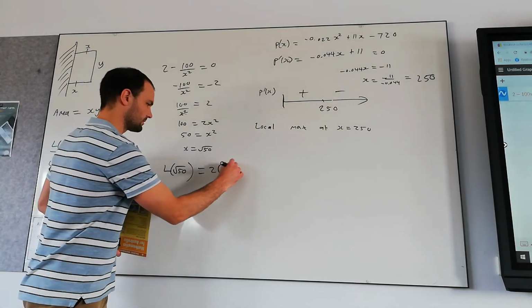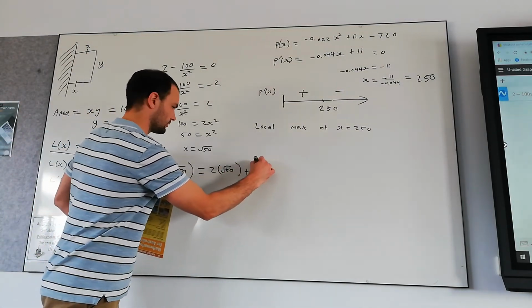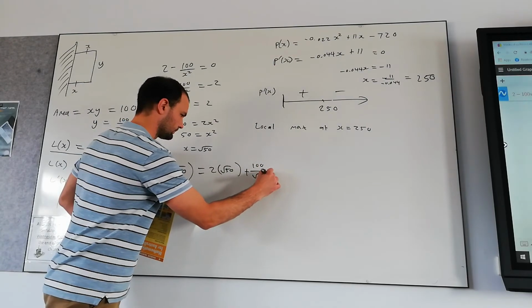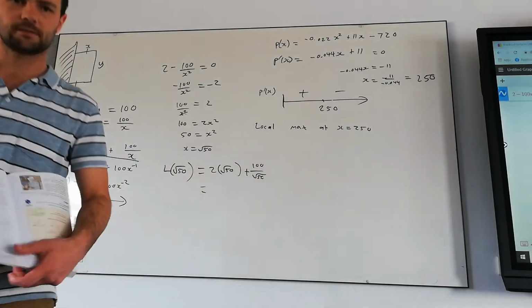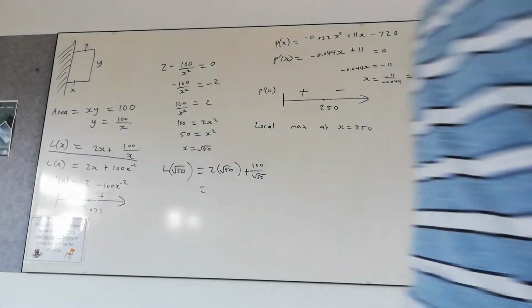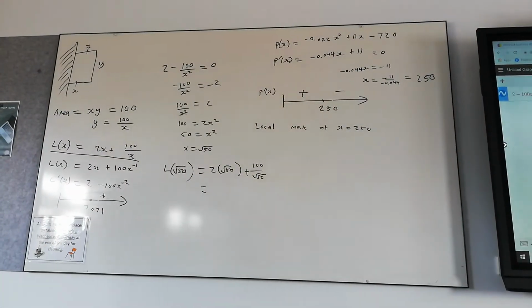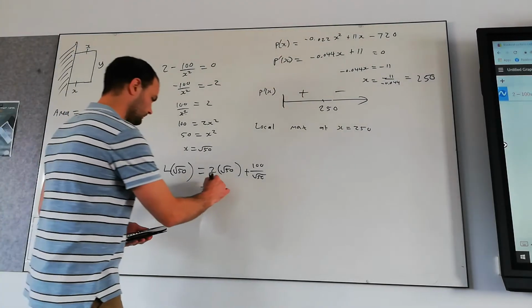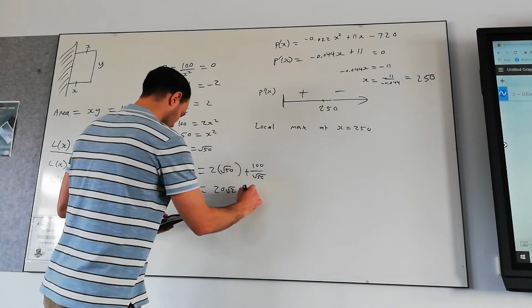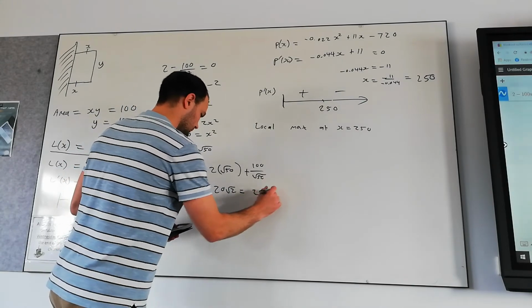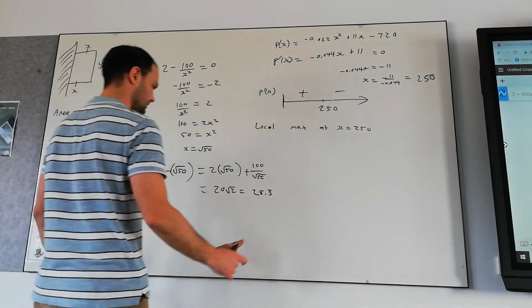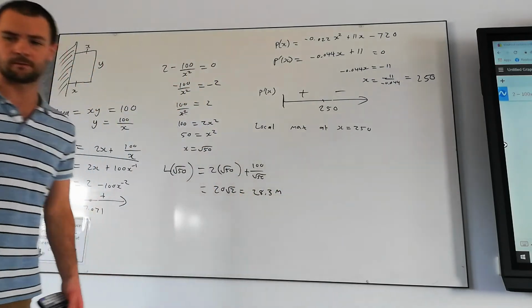And so it's 2 times the square root of 50 plus 100 on top of the square root of 50. We'll just get it to a few figures. 20 root 2, 28.3, and then the unit is meters.